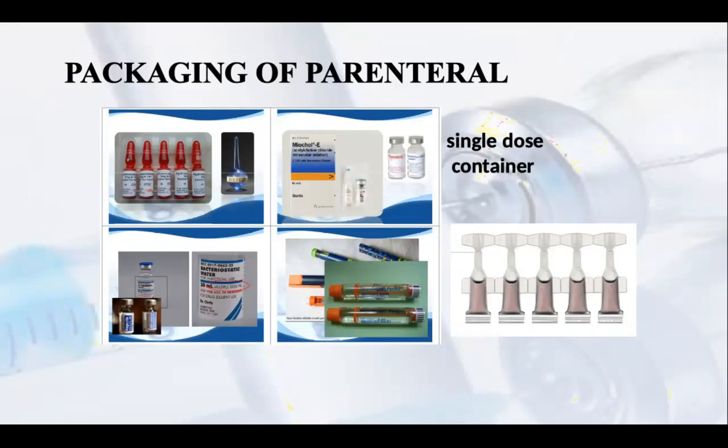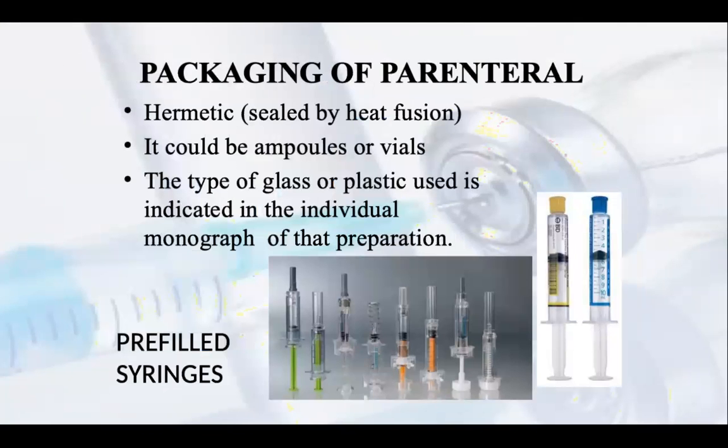Pre-filled syringes are also available nowadays. So these are mostly single dose containers. Mostly the ampoules are hermetically sealed by heat fusion. Ampoules or vials, they are sealed. Now you can see in this picture, there's a pre-filled syringe.